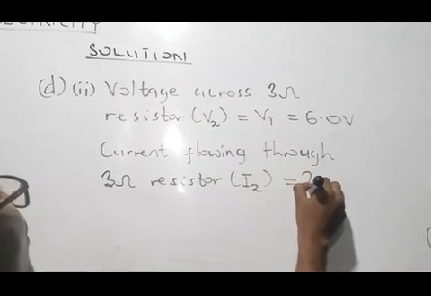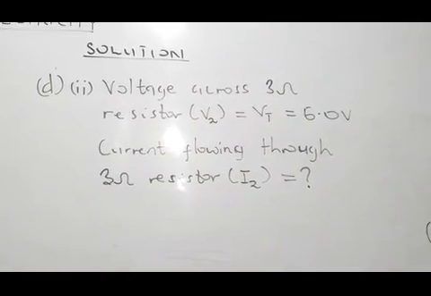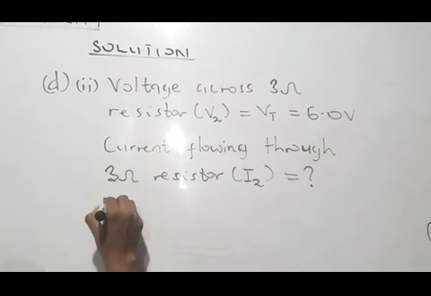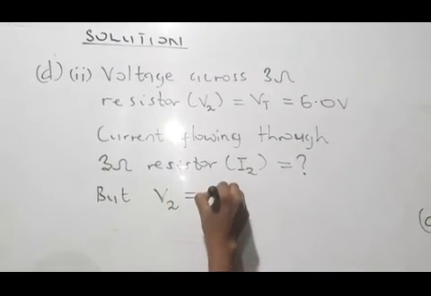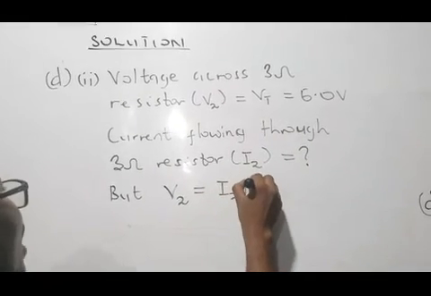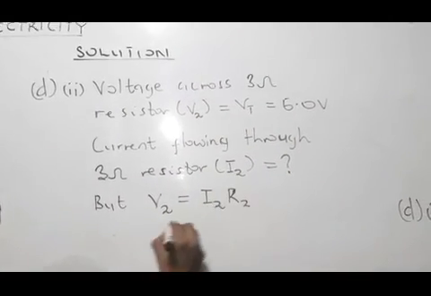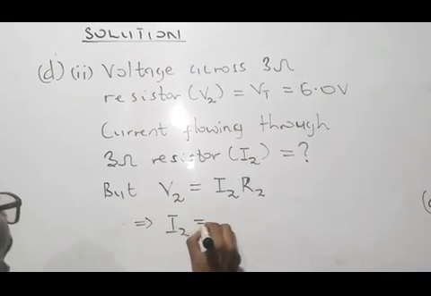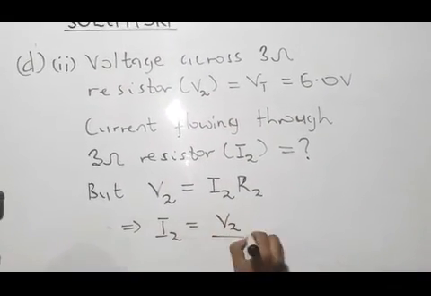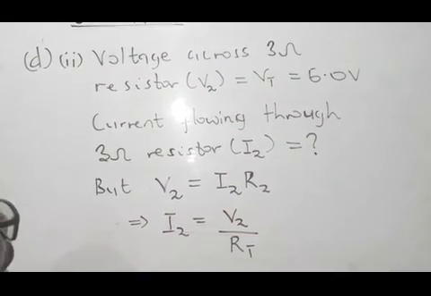Just like before, using Ohm's law, V2 will be I2 times R2. So if you make I2 the subject, I2 will be V2 over R2.